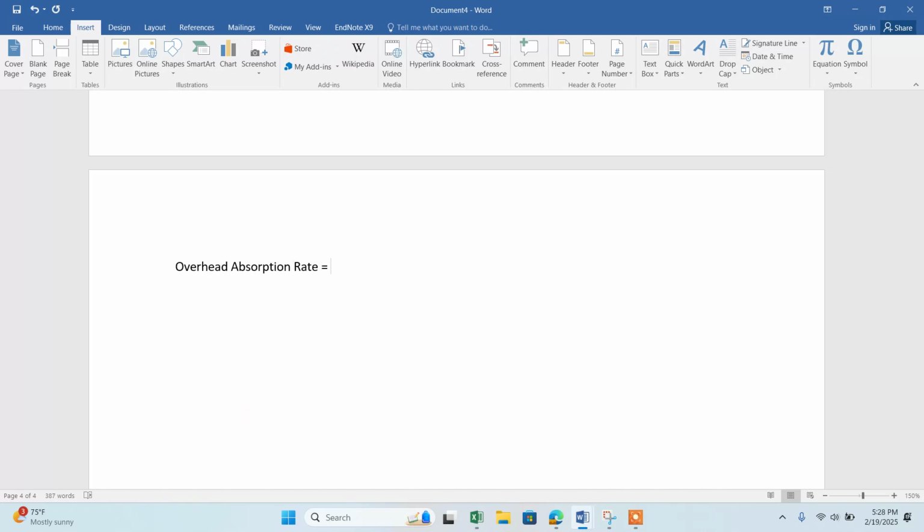What is the formula of the overhead absorption rate? That is the total overhead cost divided by the total number of activities.